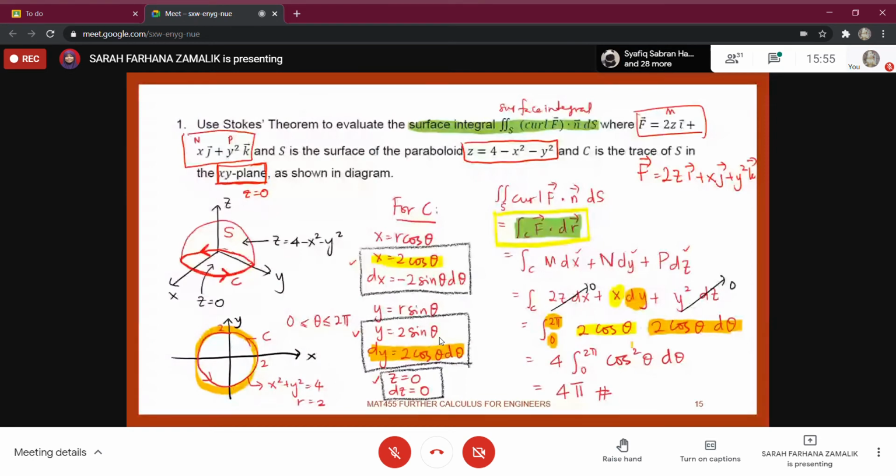So multiply and evaluate with respect to theta. In this case, because this is cos square, you must first convert it into the half angle identity. Convert first, then you can integrate later. Because you cannot integrate cos square theta directly, so convert first using the half angle identity.